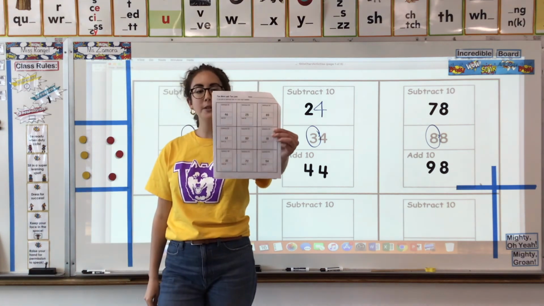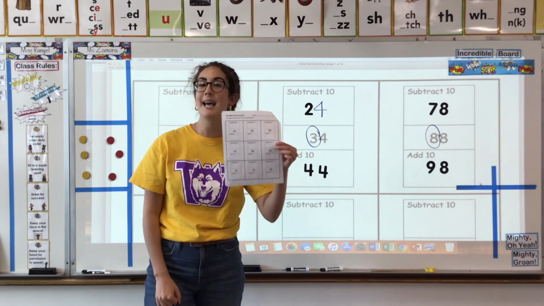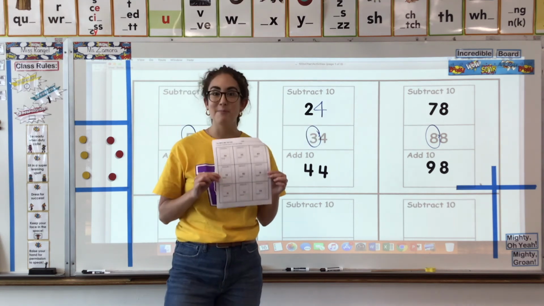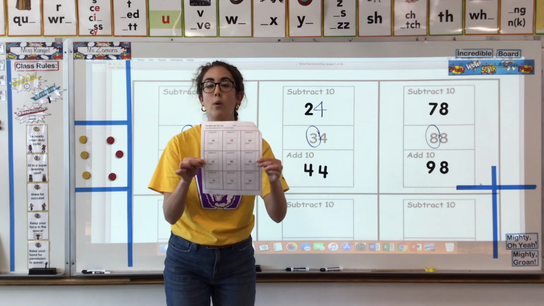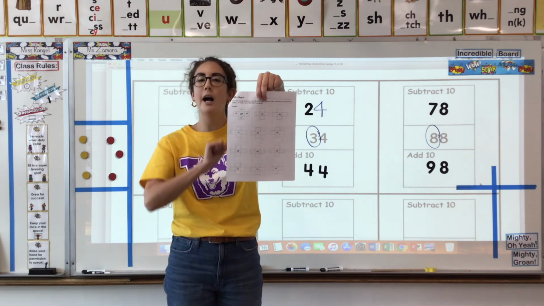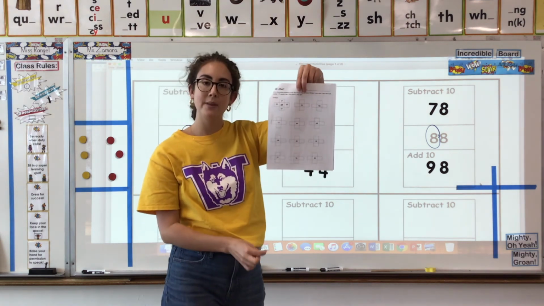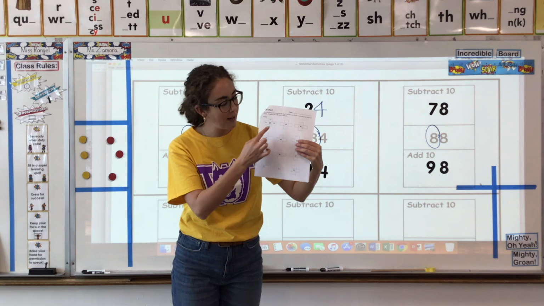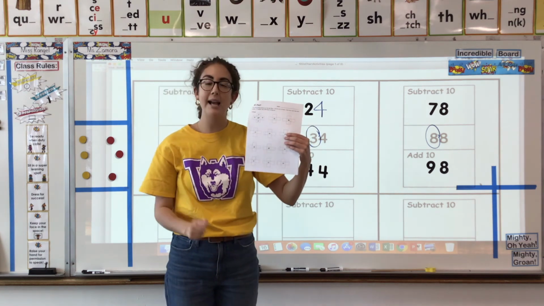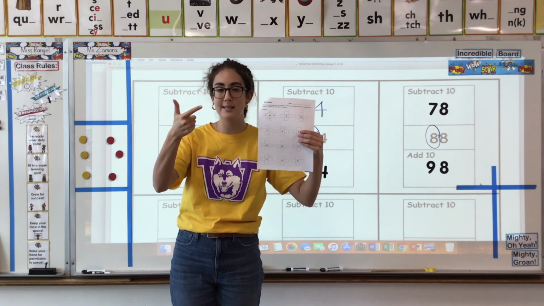Your first option is to complete this page where all you're going to focus on is 10 more or 10 less. But if you are ready for a challenge and want to do more, you're going to flip to the last page where it says 100 chart on the top. There are these little T boxes. On these T boxes, you have to take your number and find 10 more, 10 less, and 1 more, 1 less.